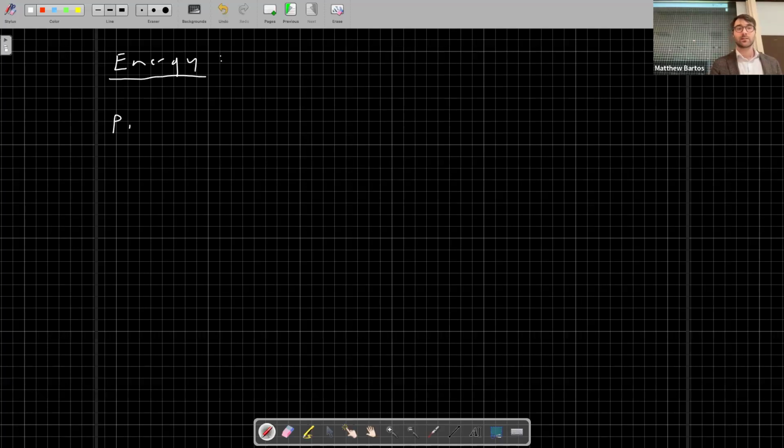So for link 1, we can write our energy equation. This is the same energy equation we've been using since the beginning of class.